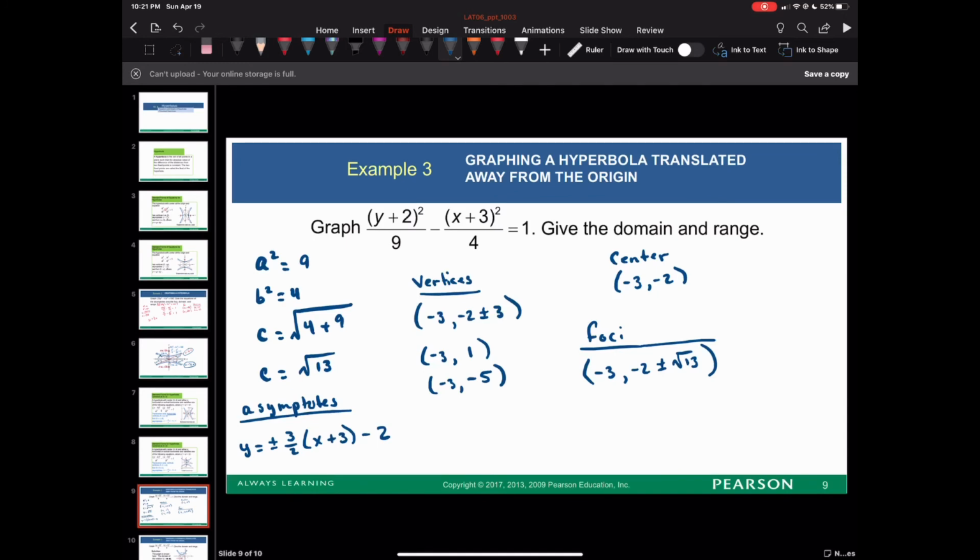All right. So let's look at what we got. I'm going to write it in red: y is equal to plus or minus 3 halves times x plus 3 minus 2.